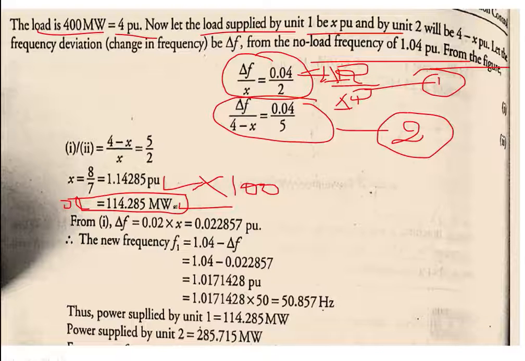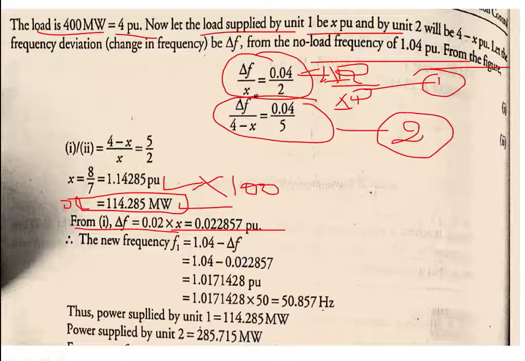Once you have the x value, you have to find the change in frequency delta f, using any one of the equations. Delta f is equal to 0.02 into x, because from equation 1 it is 2 into x.